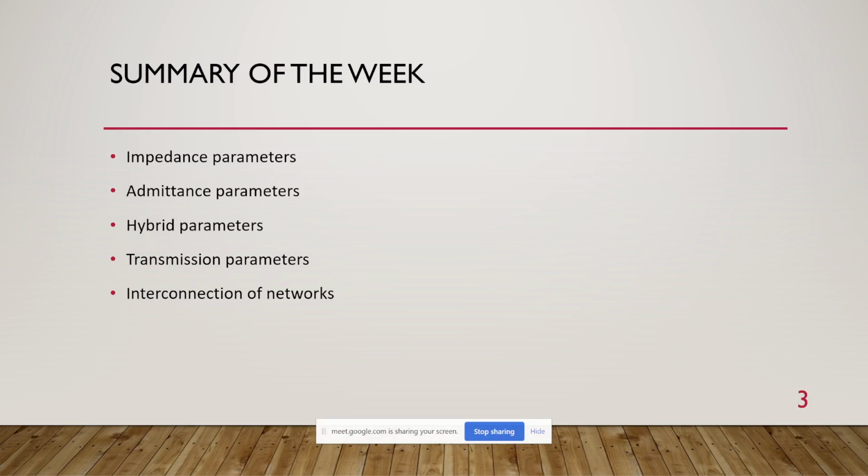Similarly, for parallel connection of two-port networks, you can simply use admittance parameters, because they simply add up. If you have a cascade of networks, you should go for transmission parameters, because they simply multiply. All the other parameters will be difficult to analyze in that case. Fine, so this was a quick summary of the week.